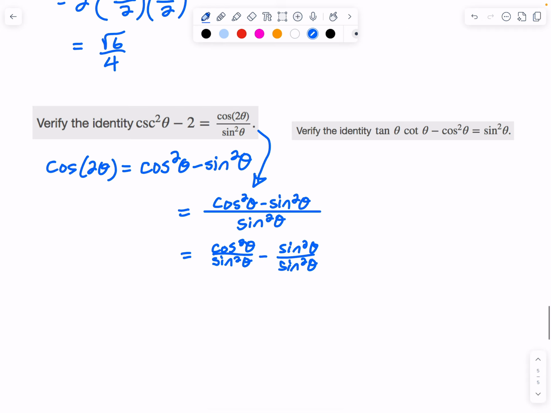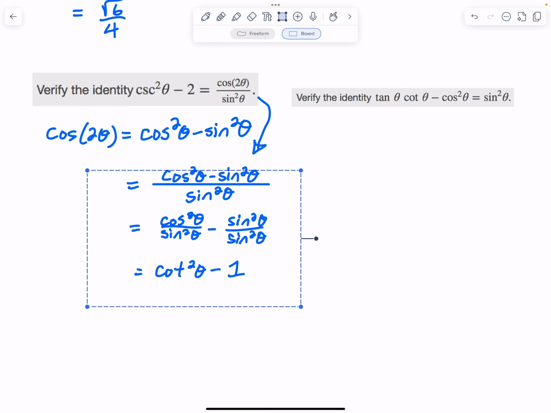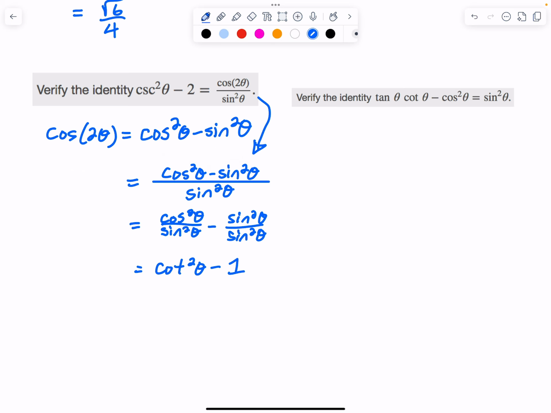This is going to get me a cotangent squared theta minus 1. But that's not what we were wanting. Now, I'm going to move this over because I'm going to need the space here in a moment. This was just a formula, so I'm going to highlight that a different color. That's not part of my work.